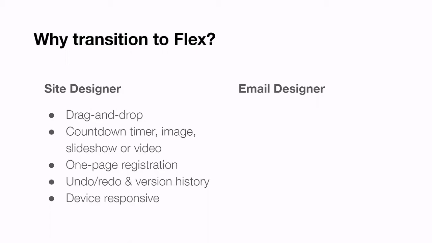You can also create one-page registrations, which I know was a big complaint of standard requiring 3 pages. I also love the undo redo and version history, so you never have to be scared of losing your work. Also, if you made some bad design choices trying to get creative, you can always go back.